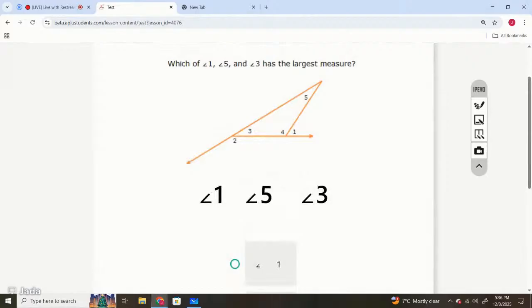Which of angle 1, angle 5 and angle 3 has the largest angle?